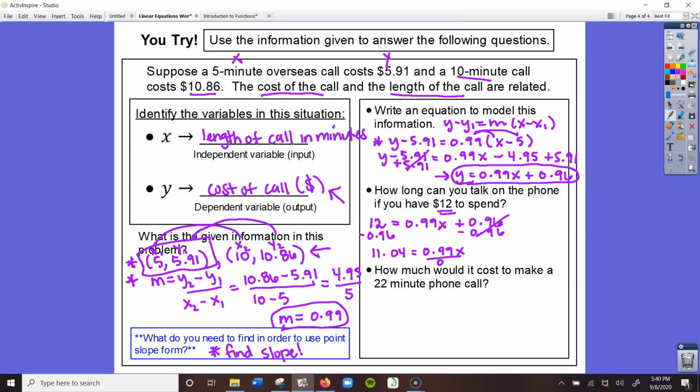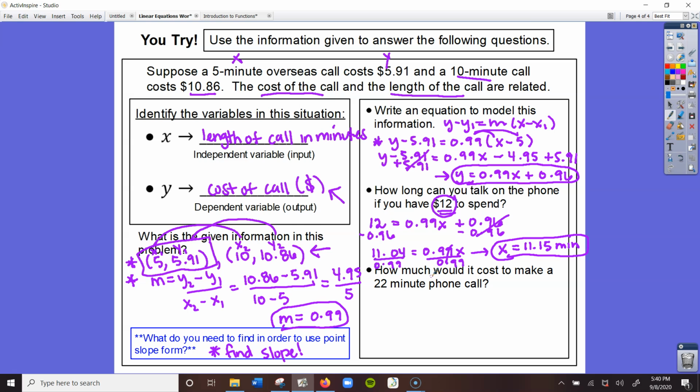Our final step would then be to divide both sides by 0.99. From here, we would get that x would equal, and when you divide 11.04 by 0.99, you get 11.15. Remember that x represents the length of the call in minutes. So this means that with $12 to spend, we can talk on the phone for 11.15 minutes. Or you can round it to be about 11 minutes.